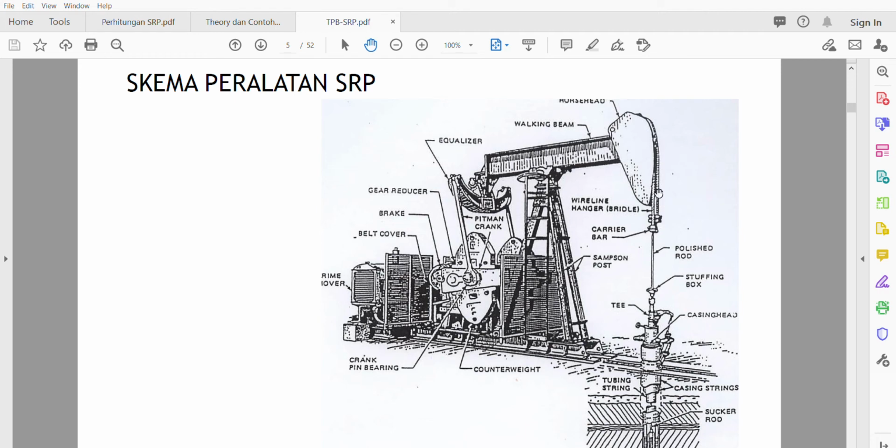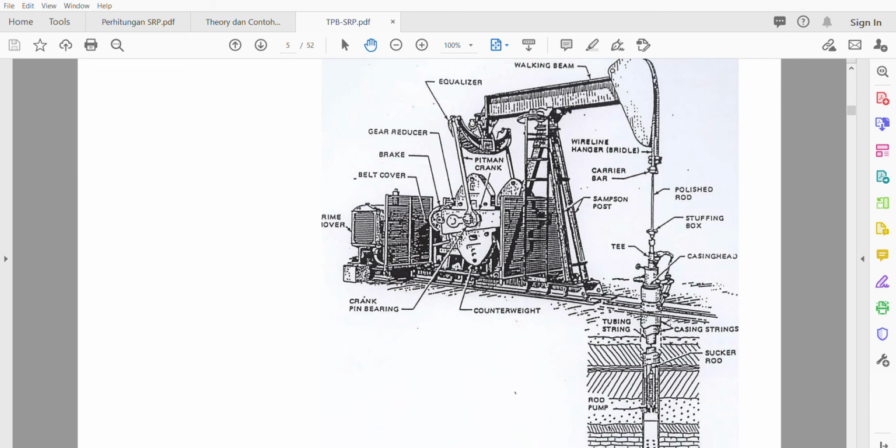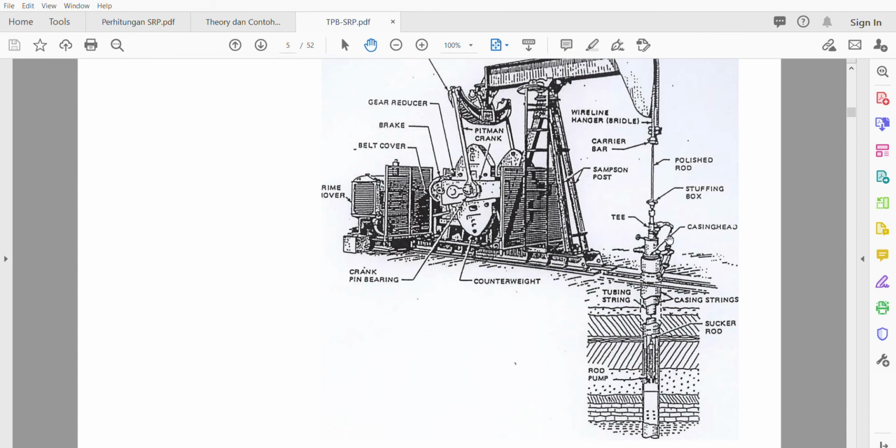The wire is connected with the polish rod, and the stuffing box is there so that there is no communication between the well and the surface. So there is the stuffing box, and then the casing head goes to the bottom, inside the tubing string, the polish rod, and the casing string, with the tubing inside the casing. The polish rod is connected to the sucker rod pump.